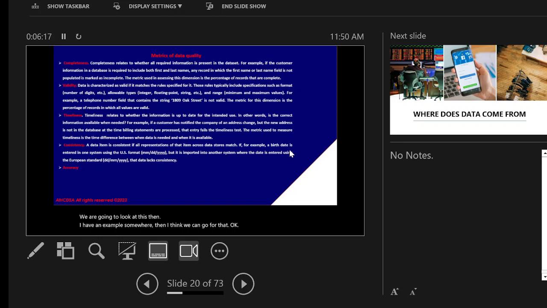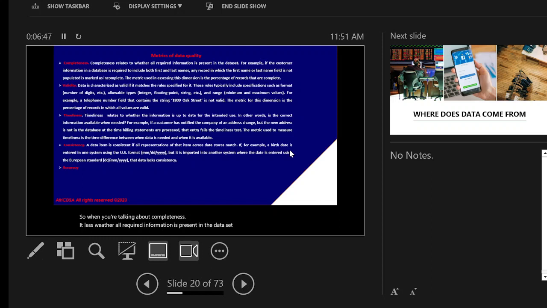When in an organization you get your data, we have some metrics that will guide you to perform a data quality assessment. The first one, you look at completeness. Is your data complete? When we are talking about completeness, it relates to whether all required information is present in the data set.